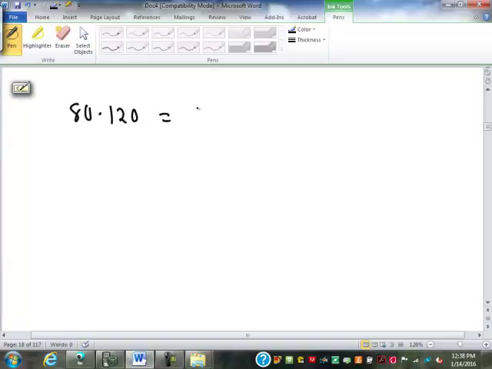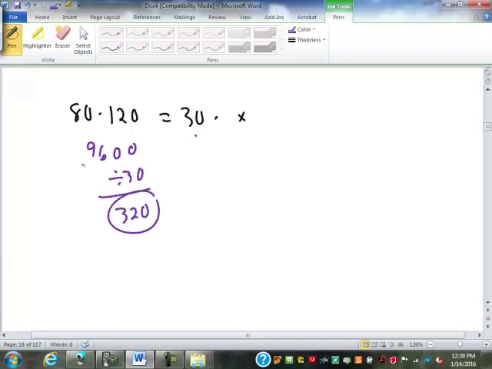Gear B has 30 teeth. So how fast will it be turning? This is still going to be a multiply and divide problem. So we're going to do 80 times 120, which is 9,600, right? Then you're going to divide by the 30, which will give you 320. So the RPM of gear B is 320.